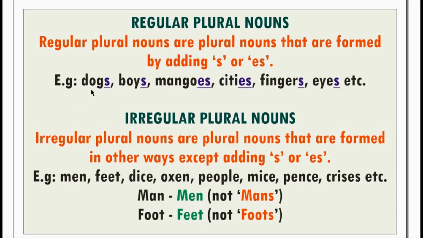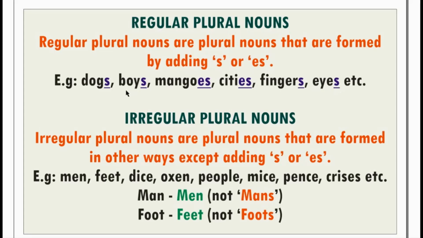For example, dogs, boys, mangoes, cities, fingers, eyes. Each of these are regular plural nouns because we add only s. For mango, we added es. Cities, es. Fingers, only letter s. Eyes, only letter s. So all these ones, we call them regular plural nouns.